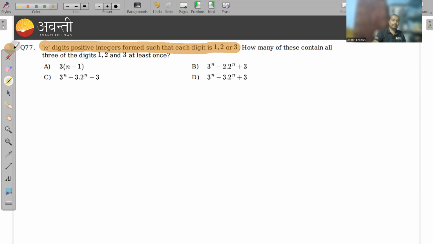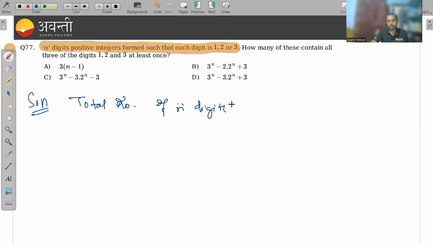So if I ask you, the total number of n digit numbers by using 1, 2, or 3 is actually what?